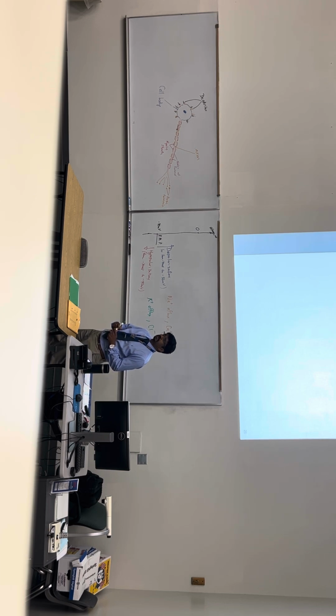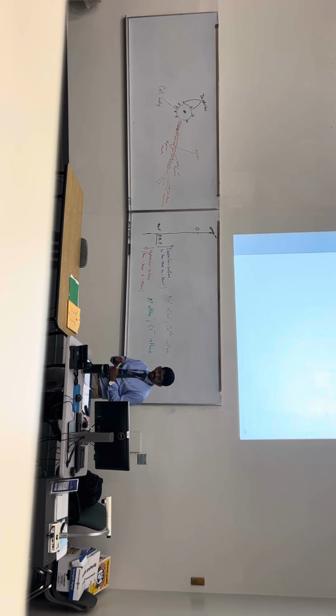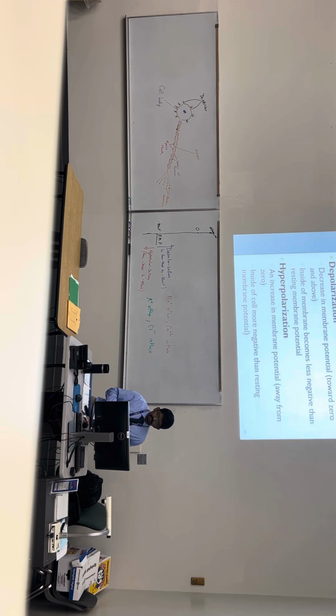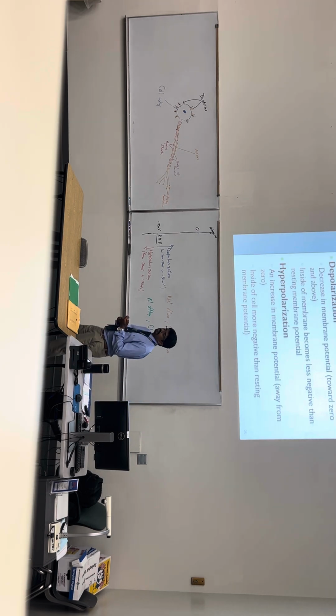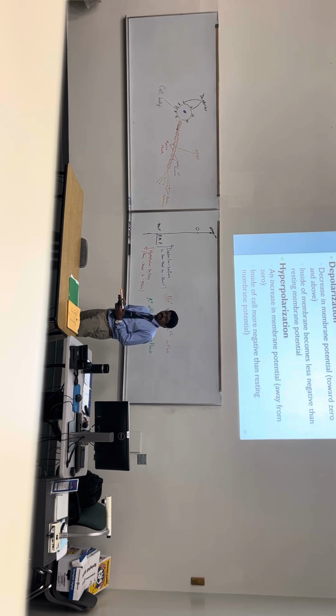Outside the cell. Okay. This is how neurons, muscles, they react to these 4 ions. Which way are they going to go? So hyperpolarization becomes more negative, depolarization becomes less.